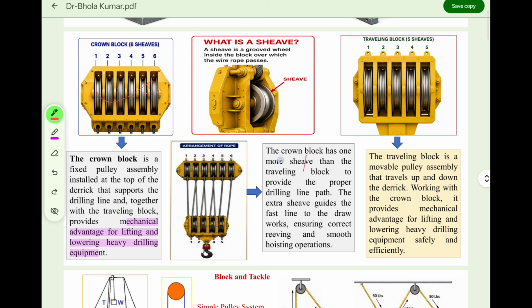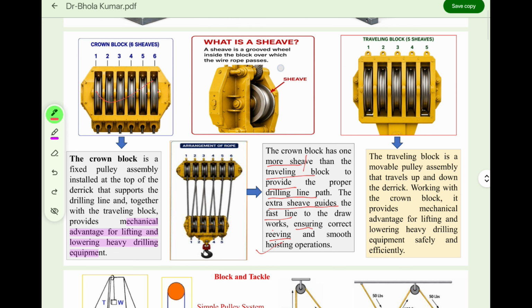Okay, so we have discussed the sieve. The crown block has one more sieve than the traveling block to provide the proper drilling line path. The extra sieve guides the fast line to the drawworks, ensuring correct spooling and smooth hoisting.